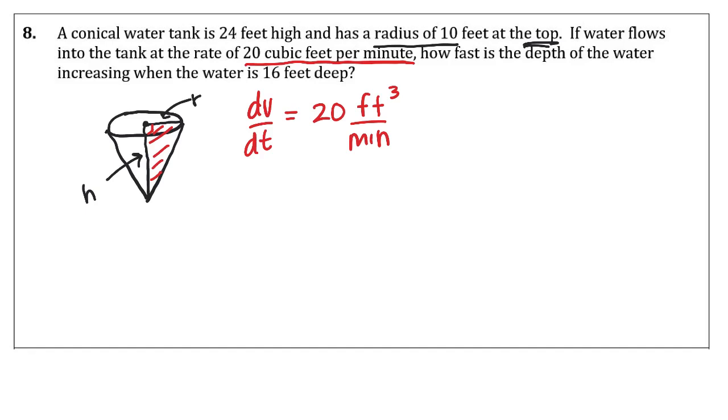So that's our dH. The depth of the water is the height. That's what I don't know. That's what I'm looking for. Increasing when the water is 16 feet deep. So that tells me that the height of the water is 16 feet deep.